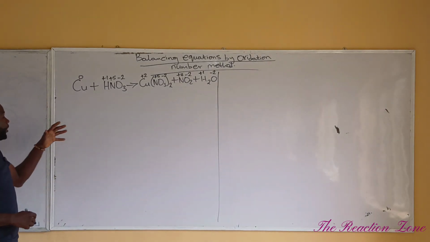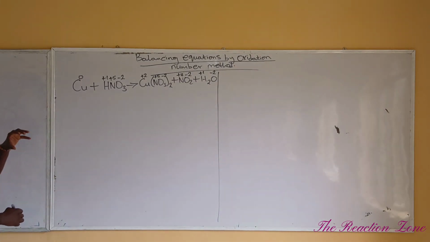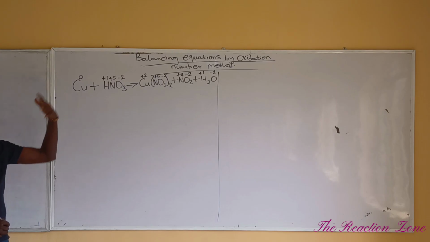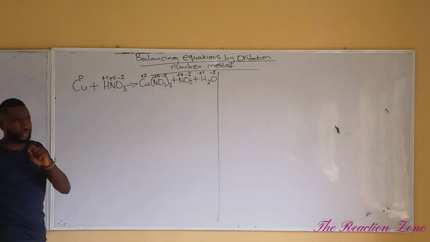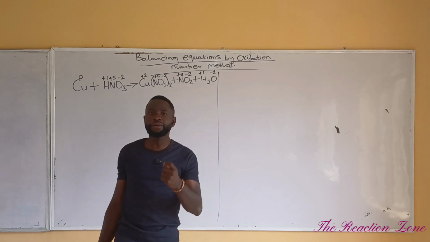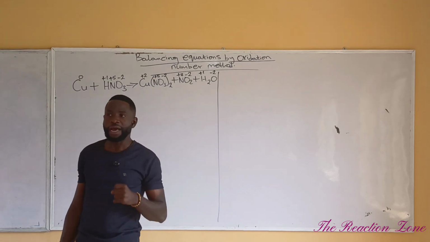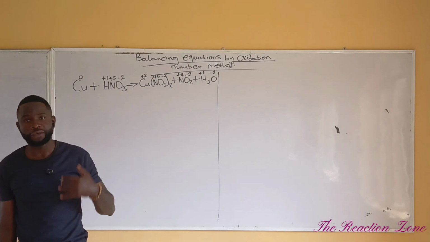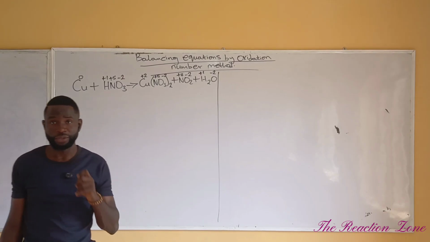The essence of doing this is to see the elements in which there is a change in the oxidation number, whether increase or decrease. Because let us not forget that oxidation involves increase in oxidation number and reduction involves decrease in oxidation number.